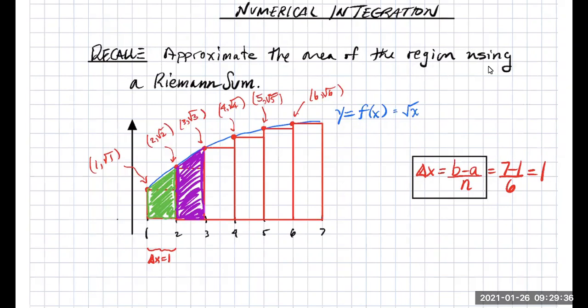So the method that we're going to use is called the trapezoid rule. All right, let's do this. Let's draw all trapezoids. And I won't shade them in this time, kind of makes it cluttered. All right, there's the first one. Here's the second one. And so on.